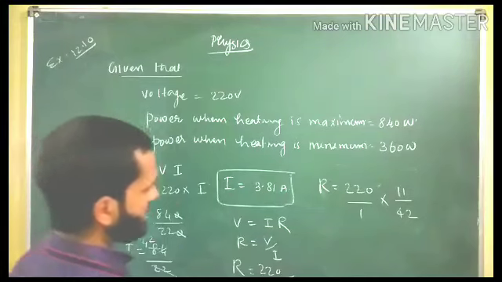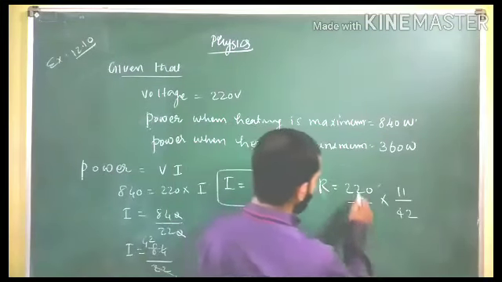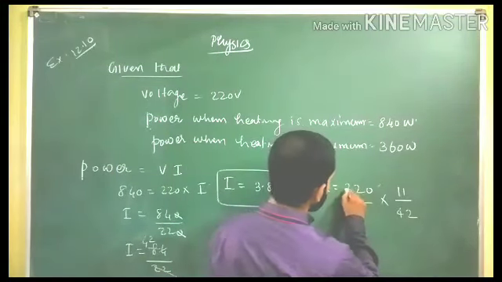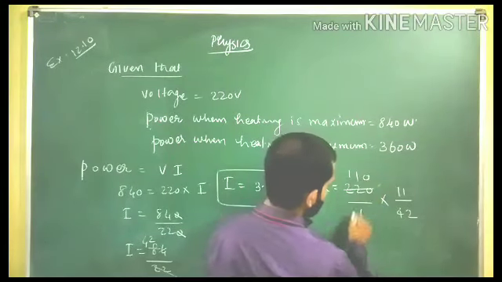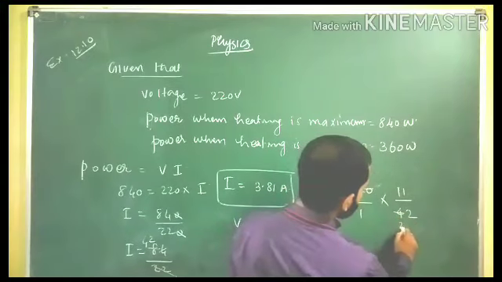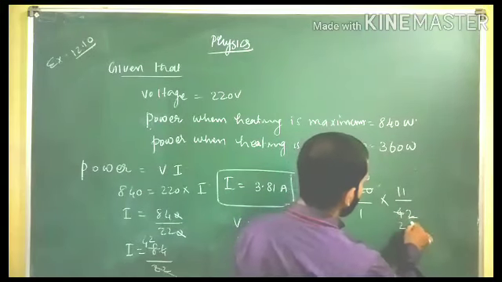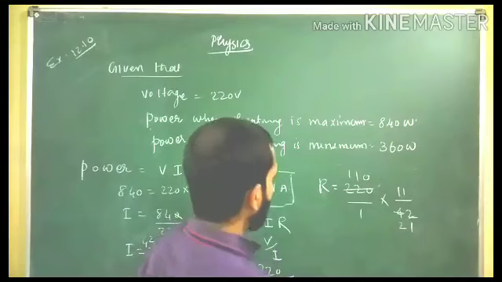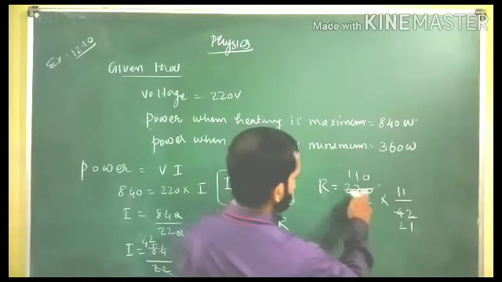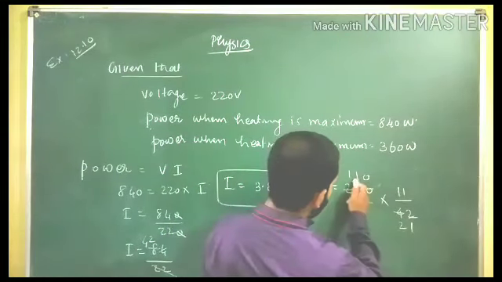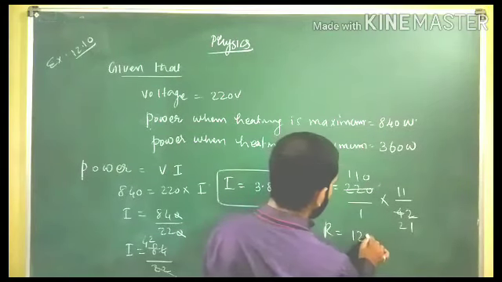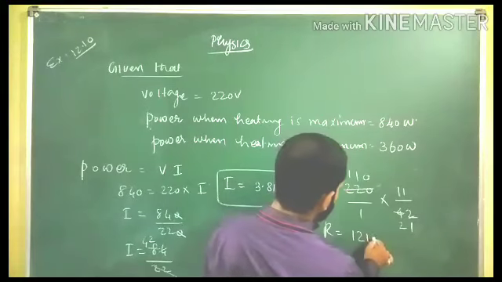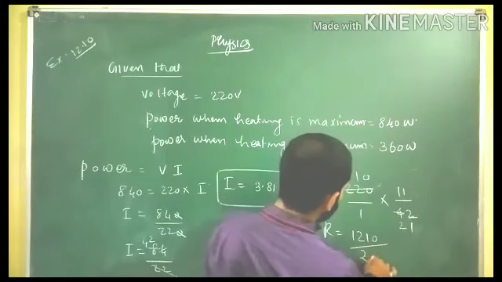Now this division we want to do. So we can cancel by using the 2. So this will be equal to 110, and here will be 2 into 2 and here will be 1. Now see, R will be equal to 110 into 11, 1210, divided by 21.